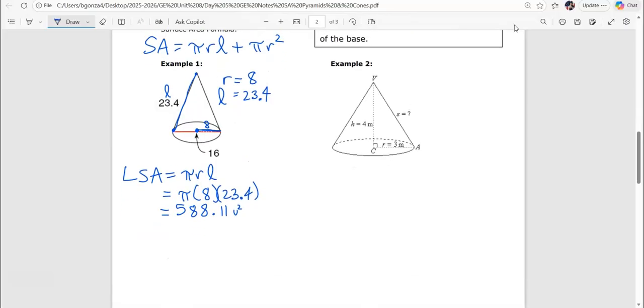Okay, that's my lateral. Then my total surface area is going to be pi RL plus pi r squared. So we already know pi RL is 588.11. So it's going to be 588.11 plus pi r squared, pi 8 squared.